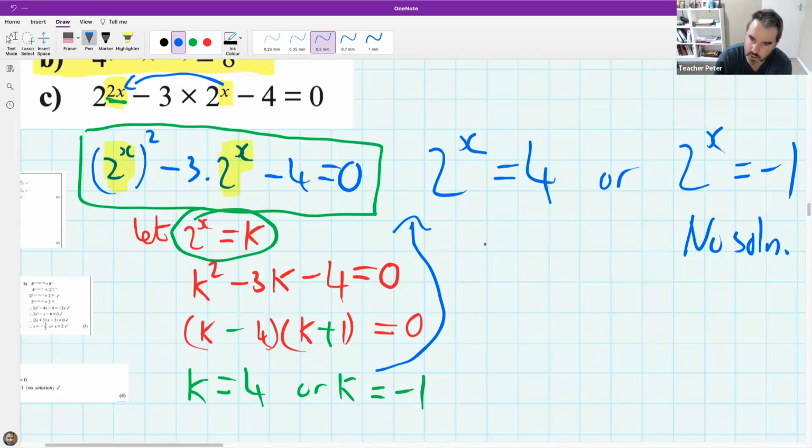But if I look at this part, what does x have to be? The only way that this can work is if 2 to the x is equal to 2 squared, in which case x must be equal to 2.